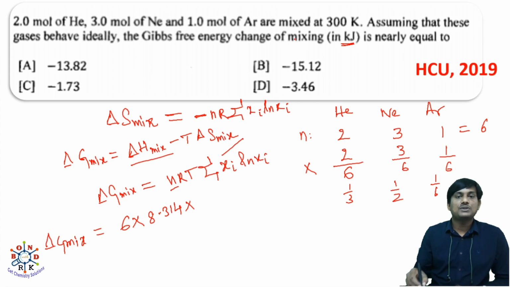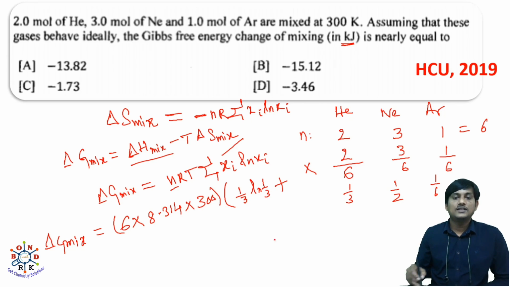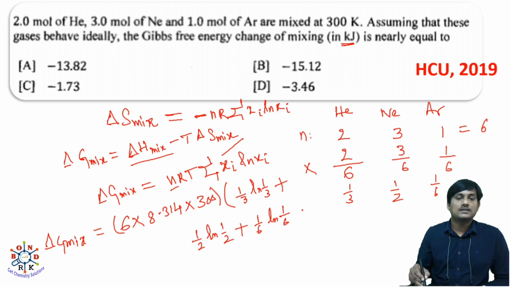And what is the temperature? 300 Kelvin, and sigma xi ln xi. For helium, 1 by 3 ln 1 by 3, plus neon, 1 by 2 ln 1 by 2, plus 1 by 6 ln 1 by 6.